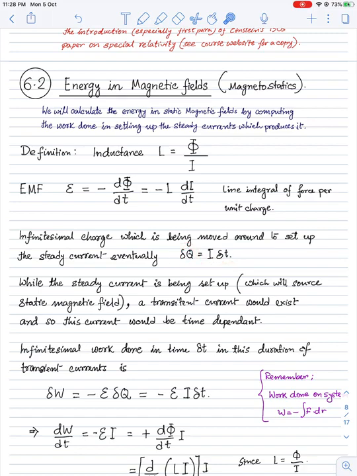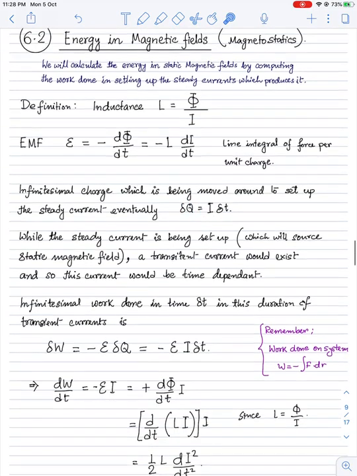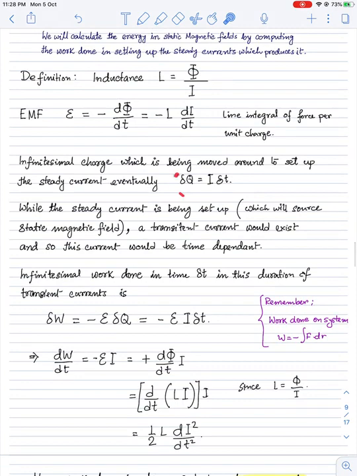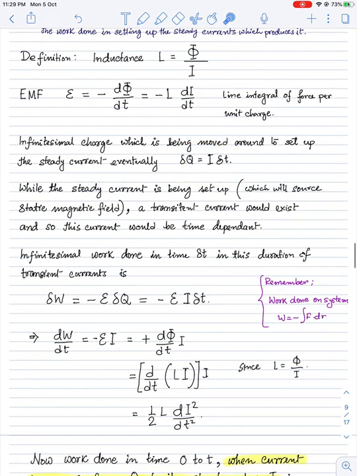So the infinitesimal charge responsible for this current is given by I times delta t, in some infinitesimal time delta t. Now, with this statement for delta q, we can ask what is the work done in moving this infinitesimal charge so as to ultimately form the steady current I. What is the total work done?